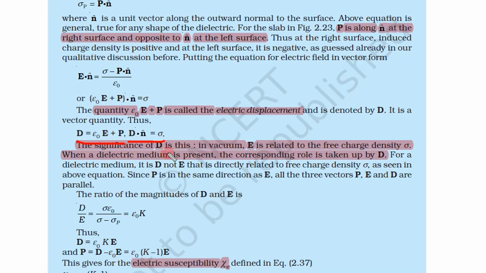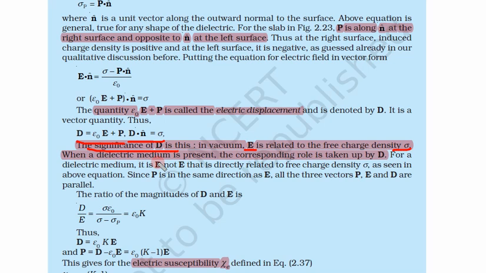The significance of D is this. What is the significance of this D? In vacuum, E is related to free charge density.